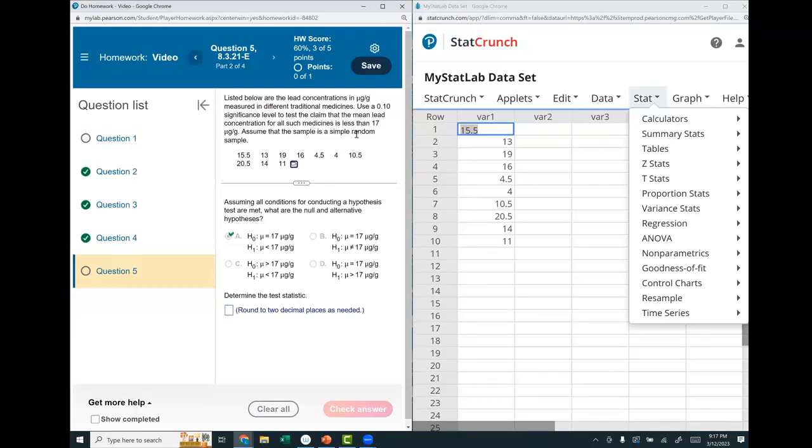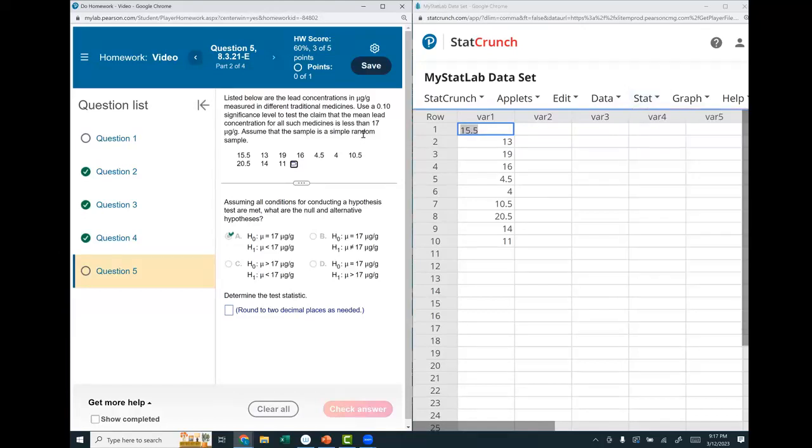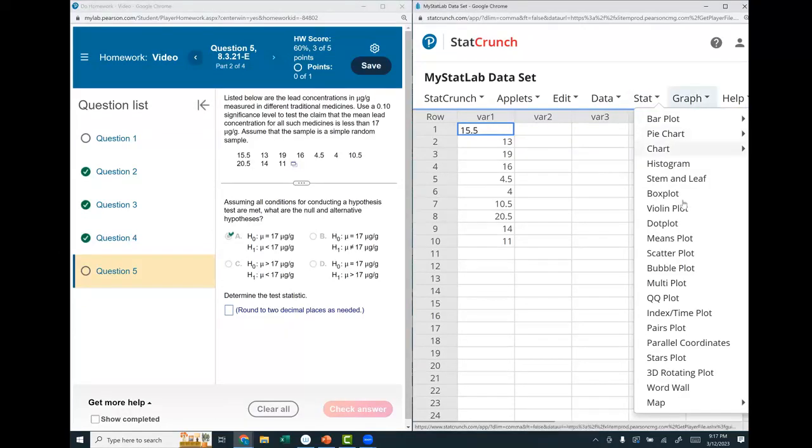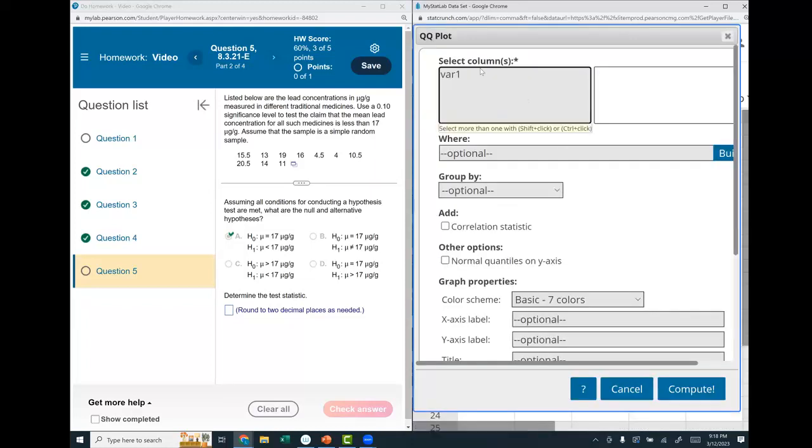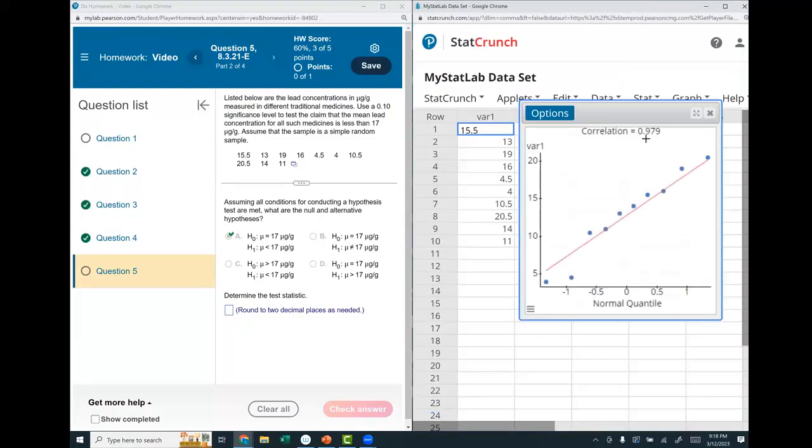Let's see, we know it's a simple random sample. We really should do a graph, QQ plot, to see if it's normally distributed, unless it says somewhere here that it is assumed to be normally distributed. No, it doesn't say it. So let's put our correlation statistic, hit compute.